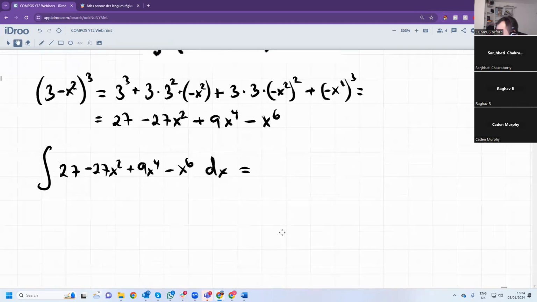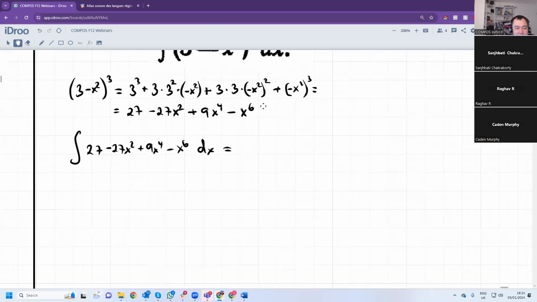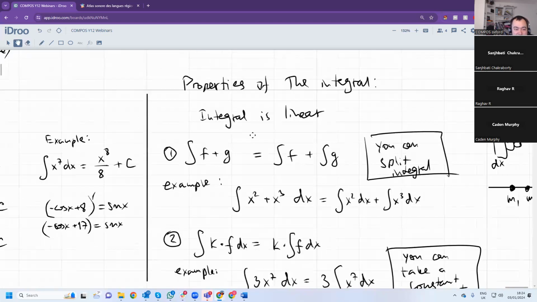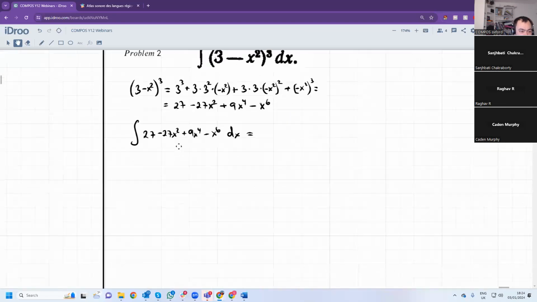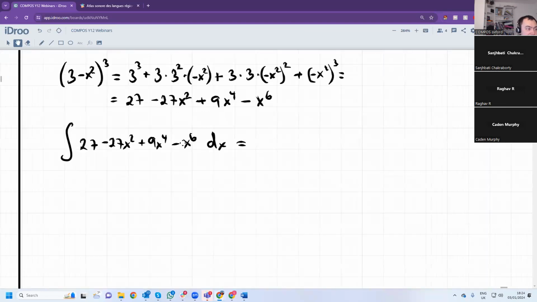I'm going to do this in excruciating detail, so I'm very sorry for those who already know how to do this. I'm going to use the linearity of the integral. The integral is linear, so the integral of a sum is equal to the sum of integrals. So I'm going to integrate them separately.